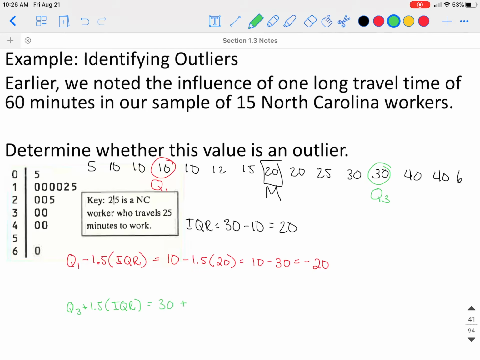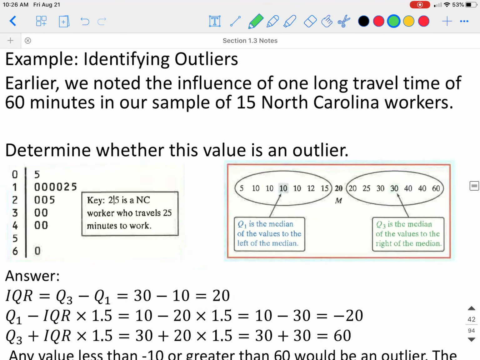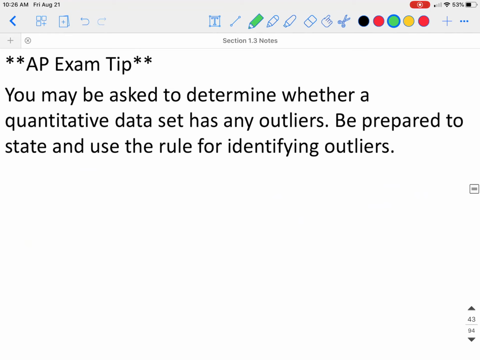We're going to do our Q3 plus 1.5 times our IQR, or 30 plus 30 is equal to 60. So any data value that is larger than 60 would be an outlier. Since the longest travel time is exactly 60, it does not qualify as an outlier.